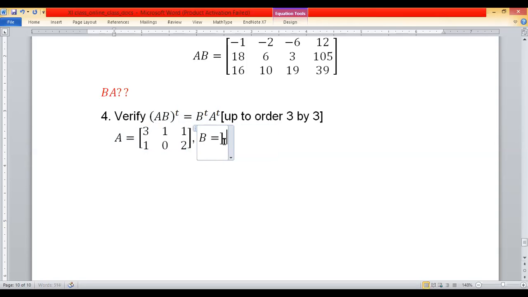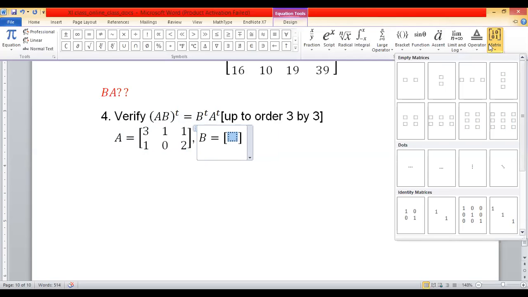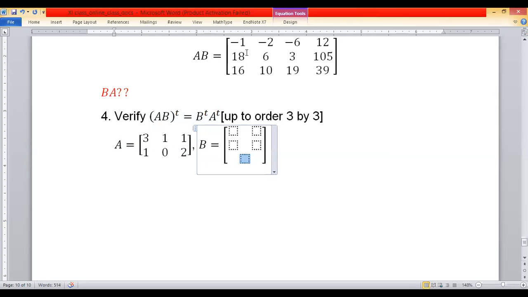B must have 3 rows, so let's try 3 rows, right? This is 2 by 3. This is 3 by 2.